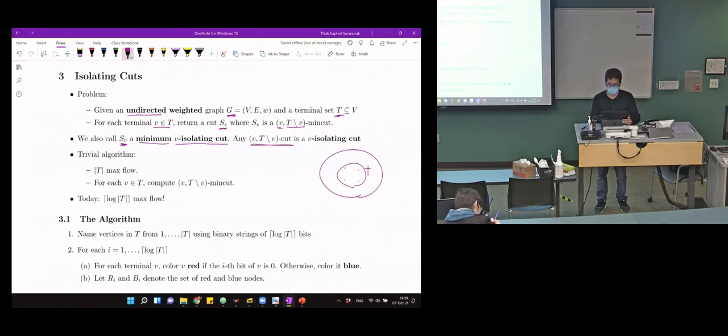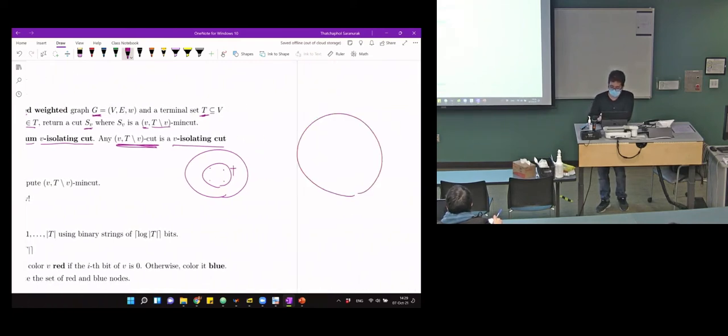And actually any V, T minus V cut is a V isolating cut. The trivial algorithm is just to call MaxFlow for each V. If you have this as your terminal, and this is V, then you can connect S here and connect the rest to T, and you solve MaxFlow.